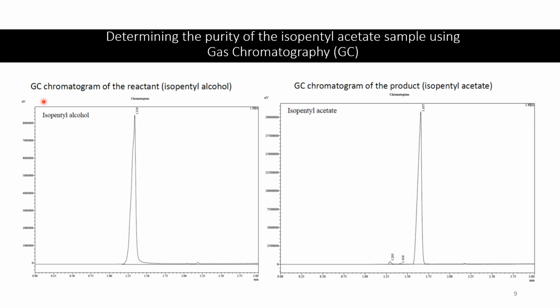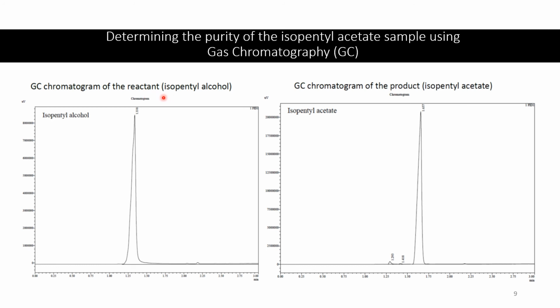Finally, we are going to obtain some gas chromatograms. You did gas chromatography in OChem 1, and we do this to look at the purity of our ester sample. Like I mentioned earlier, we made sure to remove any leftover acetic acid by mixing it with sodium bicarbonate. So we know there is no more acetic acid left in the ester sample.